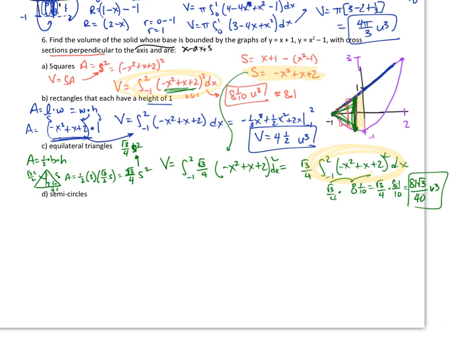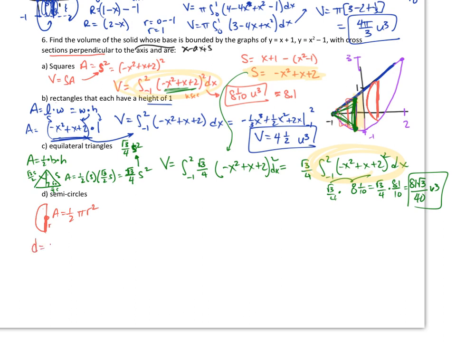All right, so let's take a look at the last one here. On the last one, here's what we got. Semicircles. Well, if I have a semicircle, the area is 1/2 pi r squared. This right here is my radius. But because these are semicircles coming out now, what I have here is a diameter.